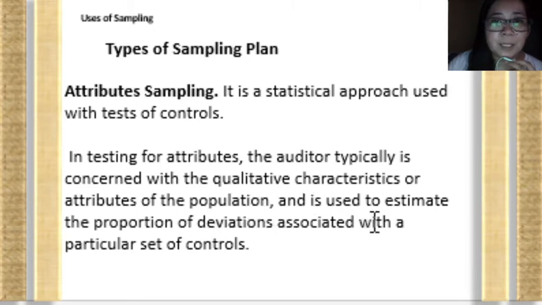This is used to estimate the proportion of deviations associated with a particular set of controls. Since the subject matter is internal control, the auditor will direct attention to the qualitative characteristics of such, so he will use this attribute sampling plan.